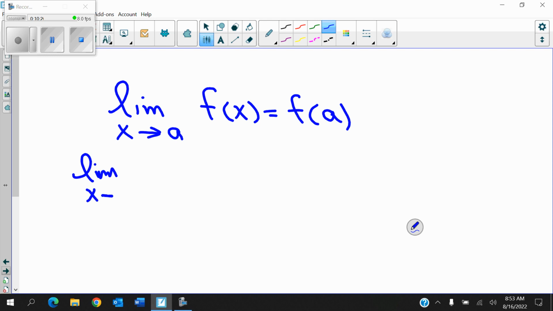Example, limit as x approaches 6 of 3x plus 1. That's equal to 3 times 6 plus 1, and that is going to be 19.